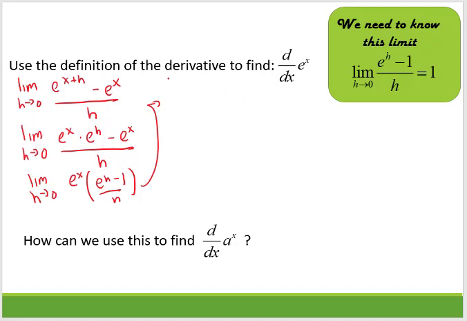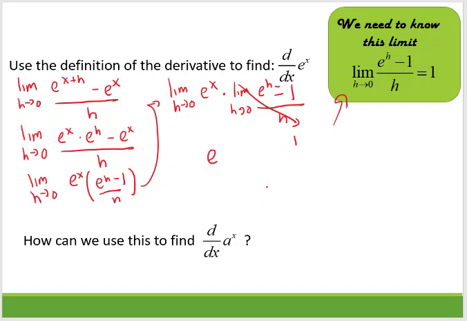So now up here, this is really like saying the limit as h goes to 0 of e to the x times the limit as h goes to 0 of e to the h minus 1, that's not in the exponent, all over h. Well, that limit is 1 because we have that little hint there. So the limit as h goes to 0, since there's no h there, that limit is just e to the x.